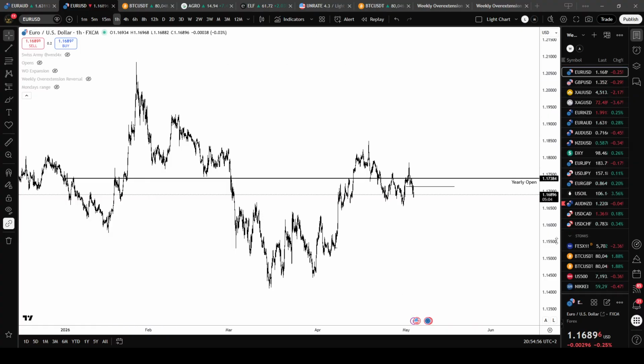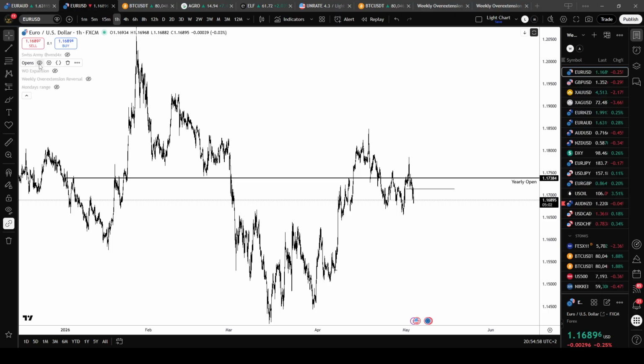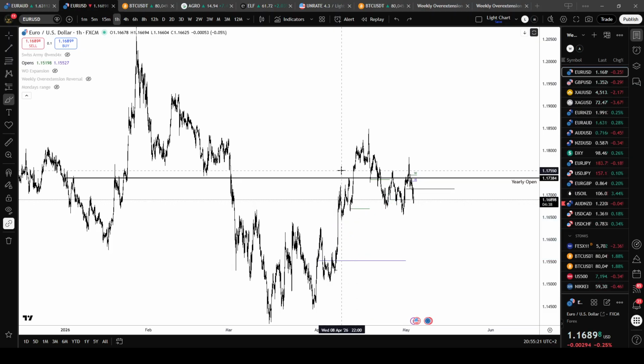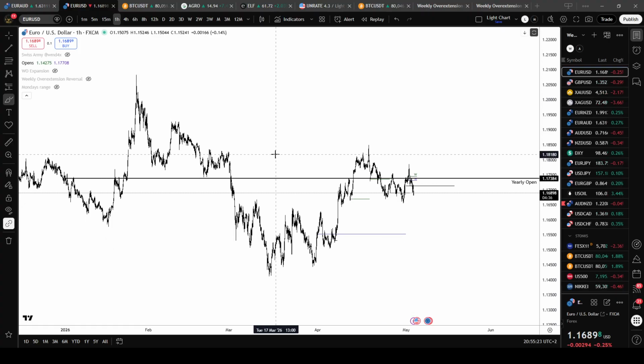So if we rewind, I think last week, yeah, we were trading here. At this point, there are no inefficiencies to the upside. And it doesn't take a genius to realize that the biggest and untapped inefficiency is to the downside. So that was one of the points why we were bearish.